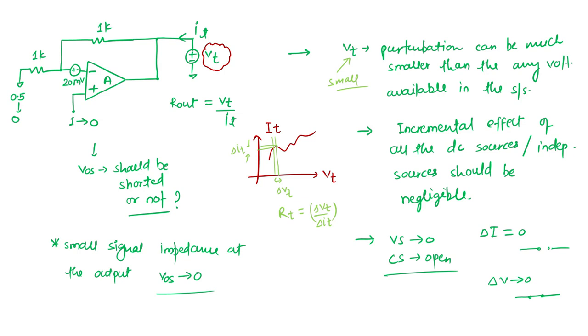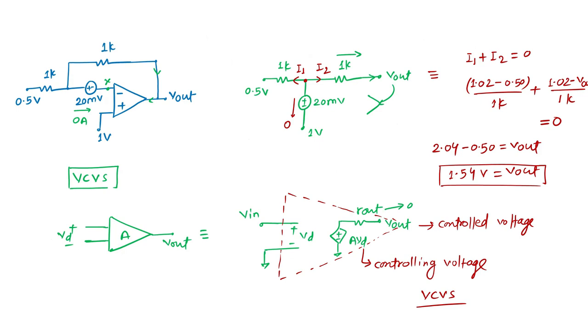Or I should say IT dash and VT dash. So here in my case, my VT itself is a small quantity, which I have considered as del VT, and IT itself is whatever small perturbation I am observing, which I consider del IT. So the ratio of these two will give me the impedance at any node. So this thing we have considered.